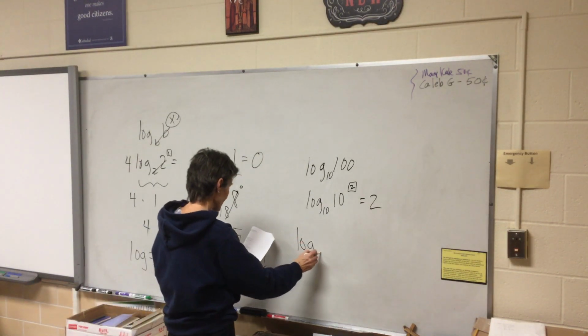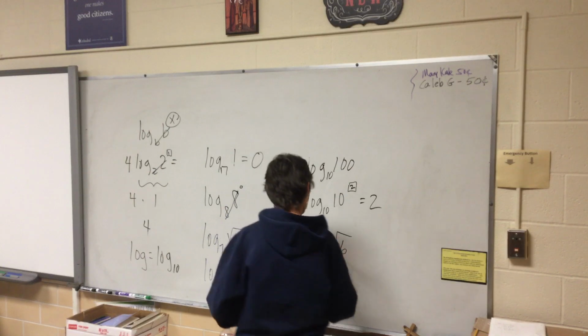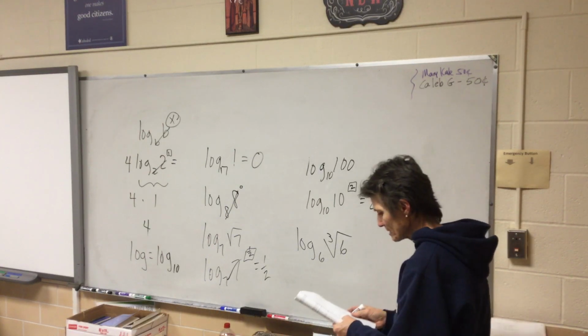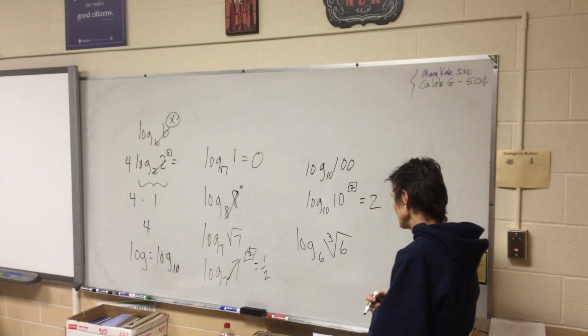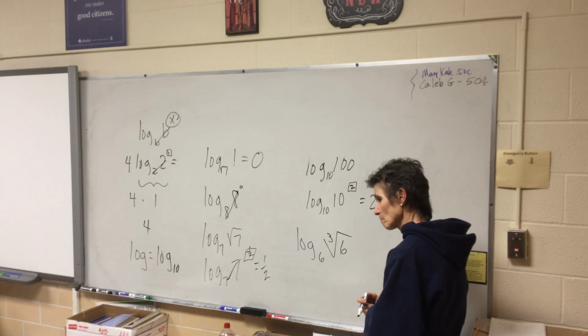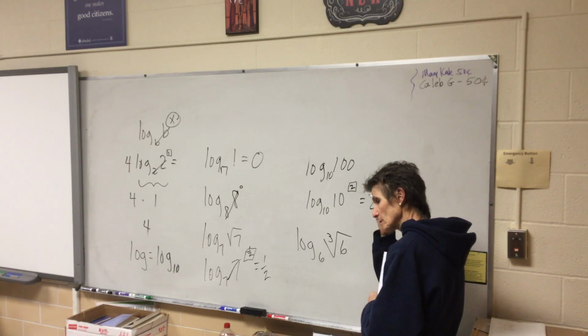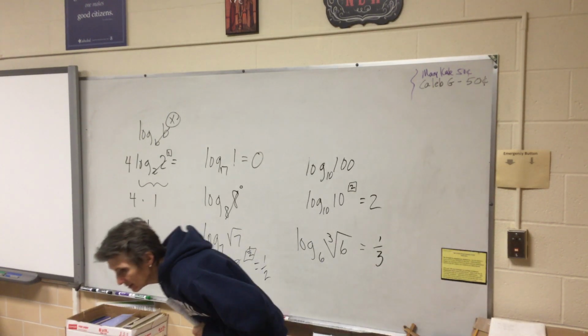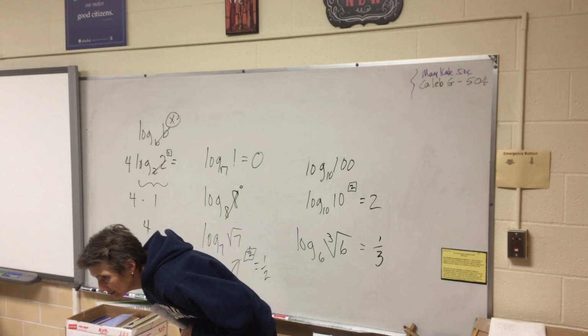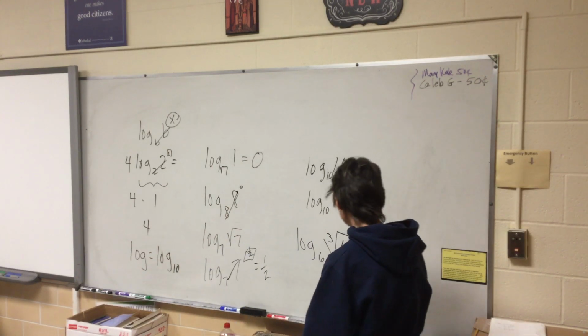How about this one? Anybody want to take a wild guess on what the answer would be? This is M. Letter M. One-third. Yeah. Who said that? Trey. Of course. Thank you, Trey.